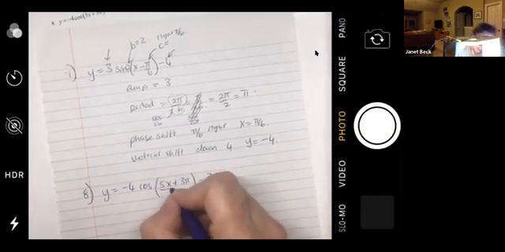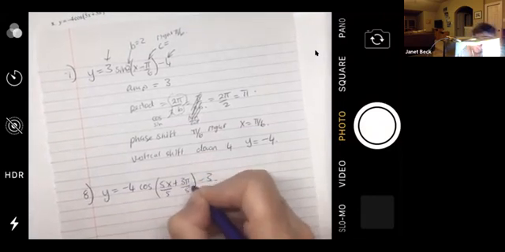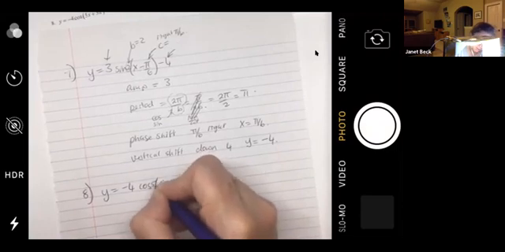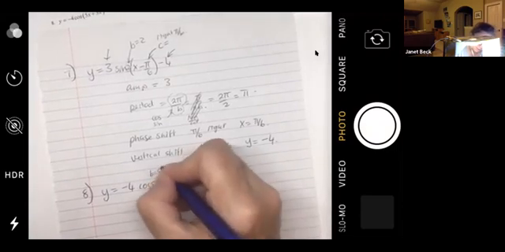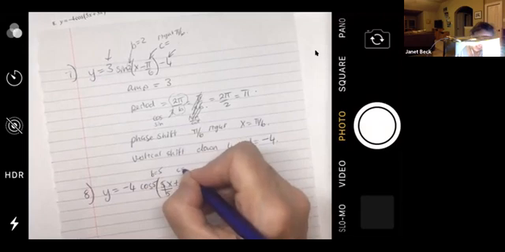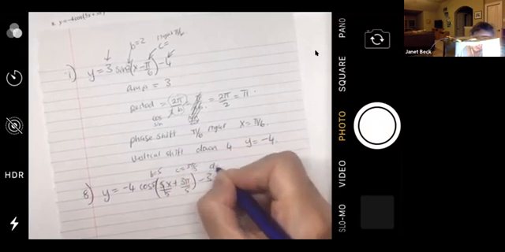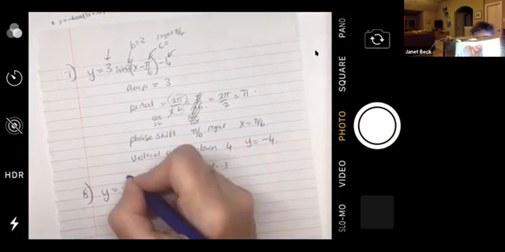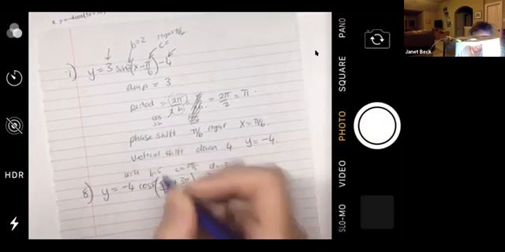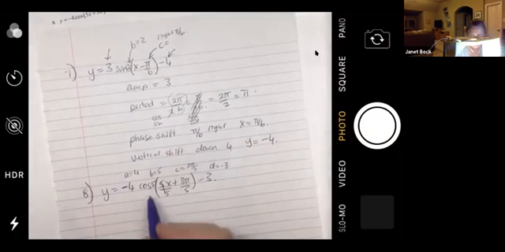So I'm going to divide by 5, and factor that 5 out. My b equals 5. My c equals 3 pi by 5. The d is negative 3, and your amplitude is positive 4. That minus would just change the pattern. Instead of being high, middle, low, middle, high, it'd be low, middle, high, middle, low.